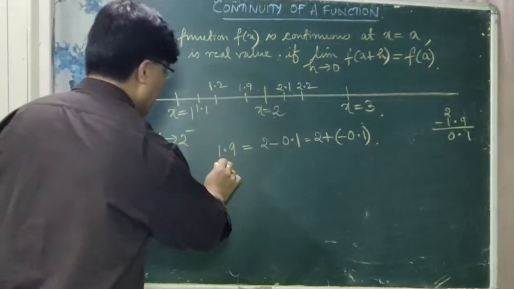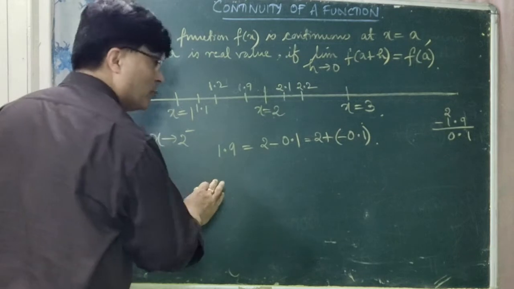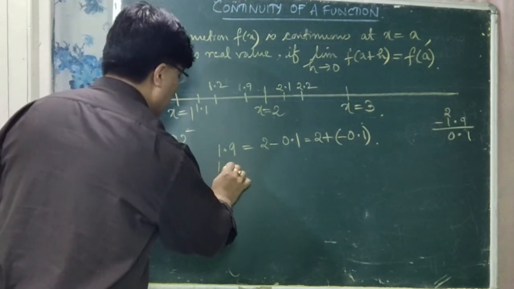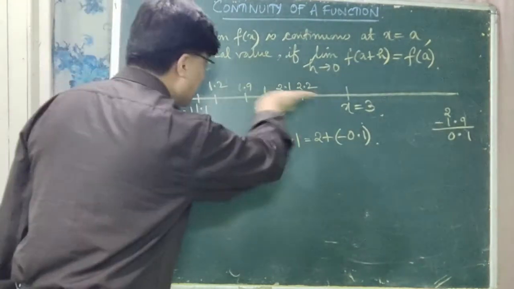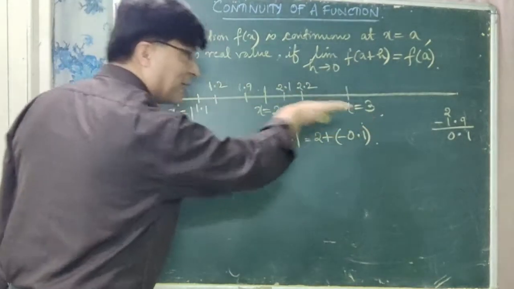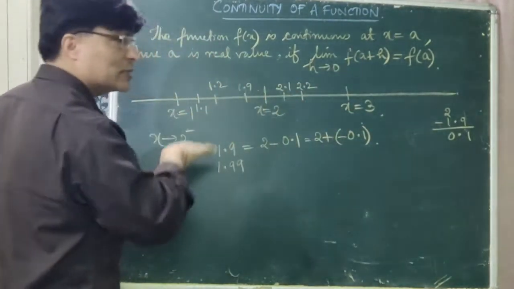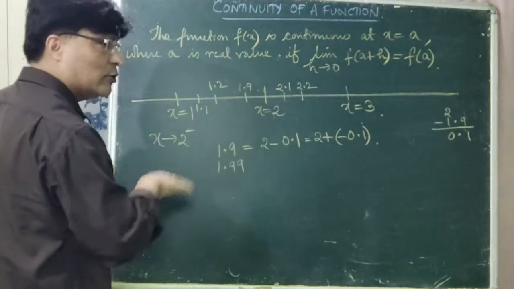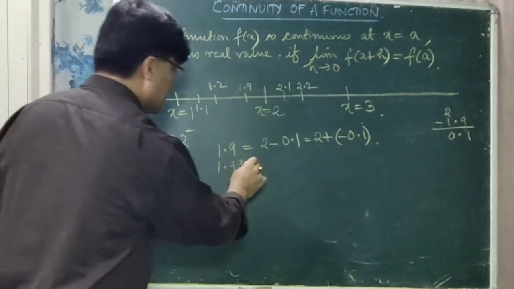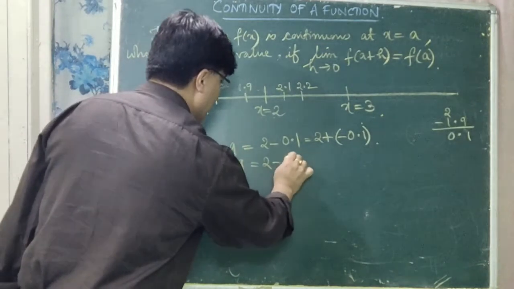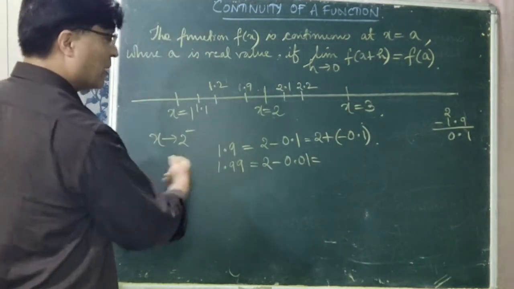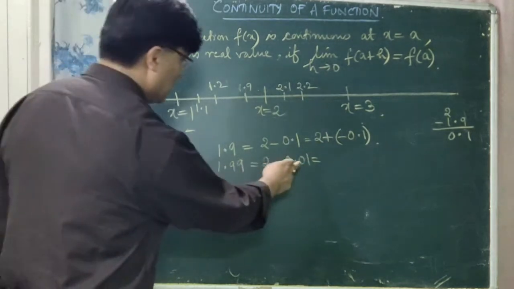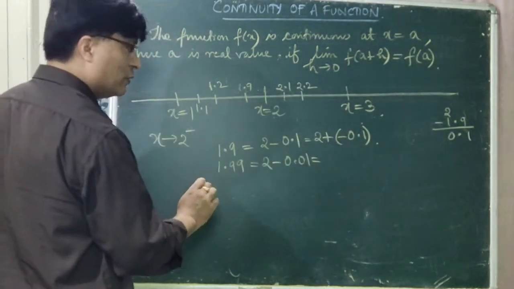Next one, you may have 1.99 also. We are going further, still approaching towards 2, isn't it? So we can write here 2 minus 0.01, which is equal to 1.99. Is that clear to all of you?